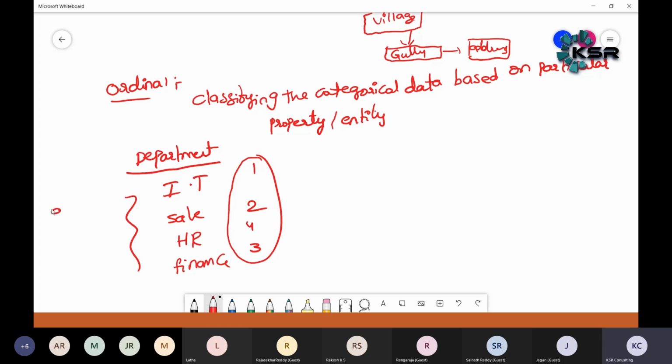Based on the business we are generating, we give the first rank to IT, second to sales, third to HR, and fourth to finance.